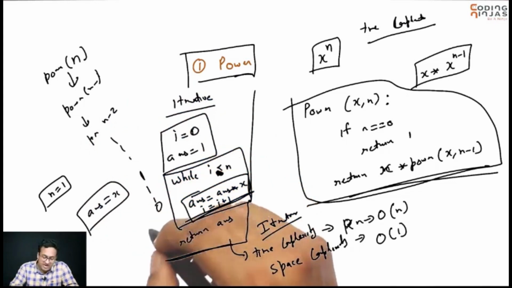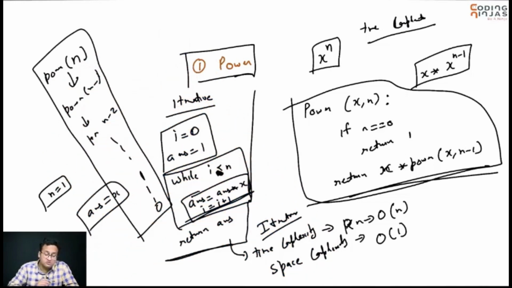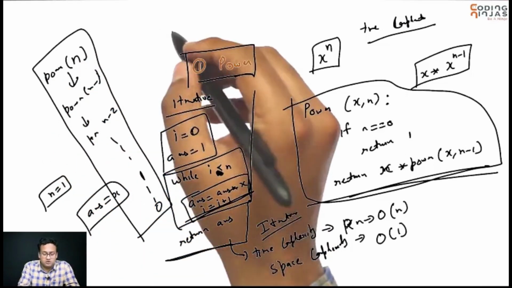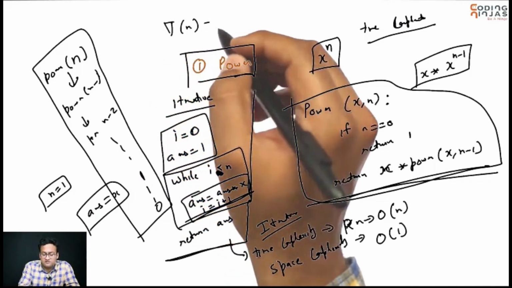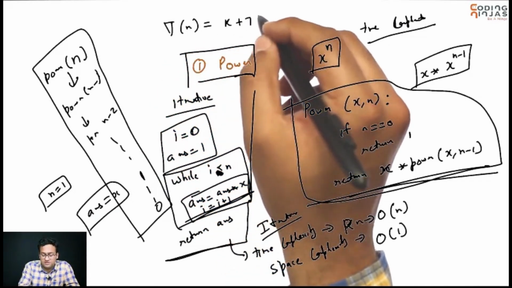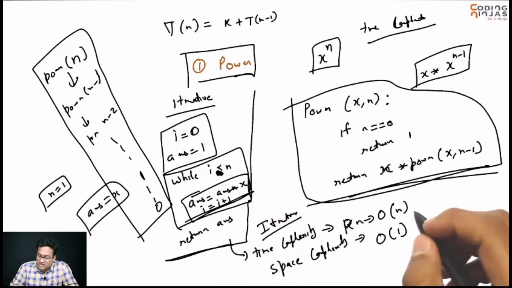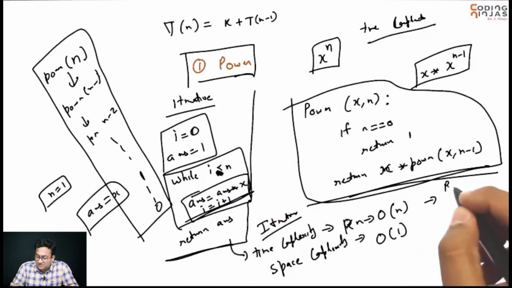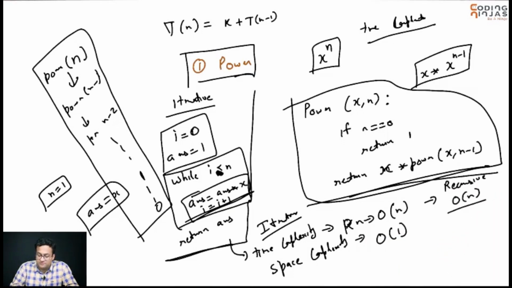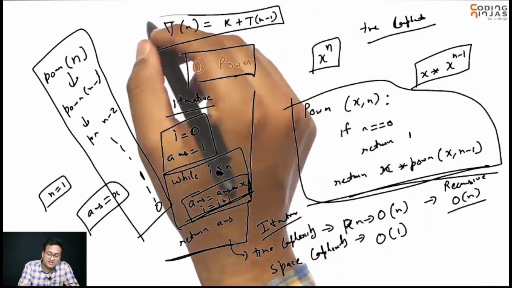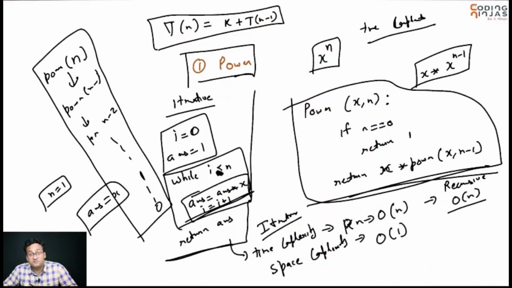So there are n plus 1 function calls, and each function call does constant amount of work. Or you can say T(n) is equals to some constant plus T of n minus 1. And we already know the time complexity in this case, recursive, is going to be big O of n. Even in case of recursion, if you solve this recurrence relation, you will get big O of n.